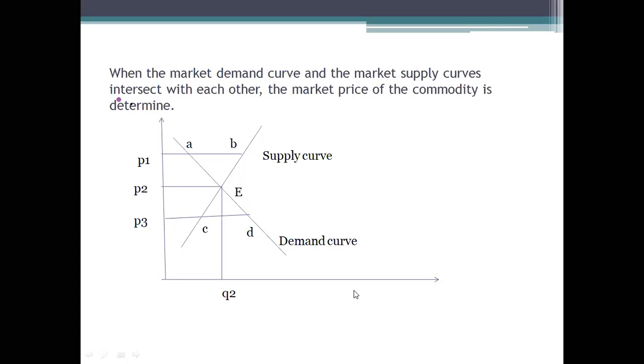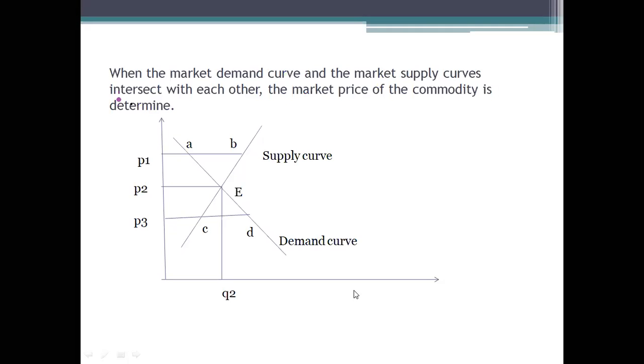If we add up all the demand curves of the 10 individuals, that means if there are 10 consumers, there are 10 demand curves. So we have to add up all the 10 individual demand curves, then we will get the market demand curve.